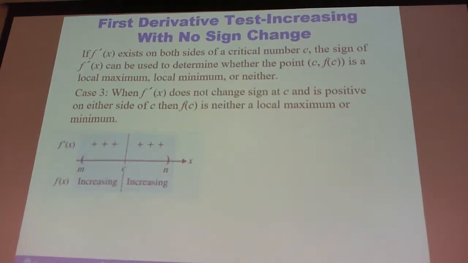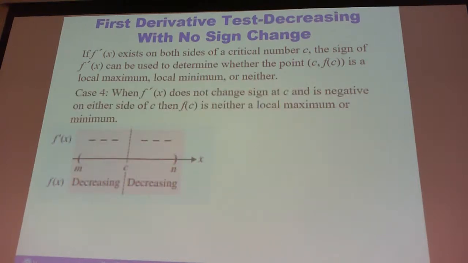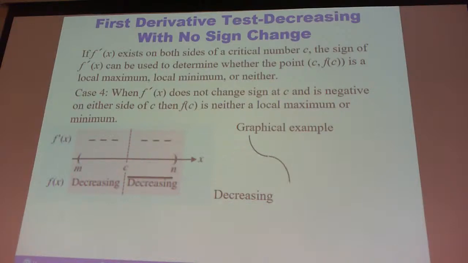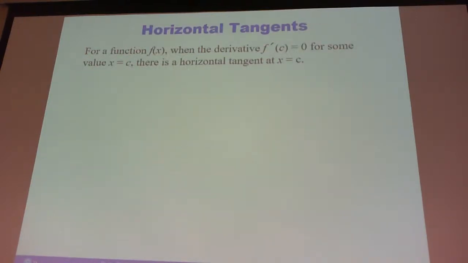And if it goes up and then up again, that is neither local max nor local min. If it decreases, then decreases again, that is neither local max nor local min. Okay? Where it is a horizontal tangent at x equals c, that's talking about that line.